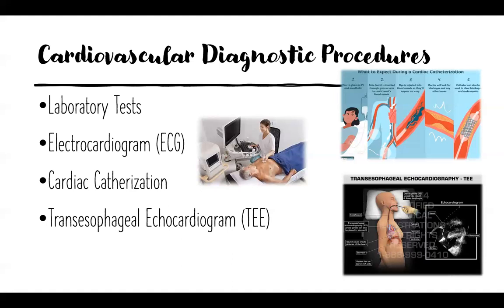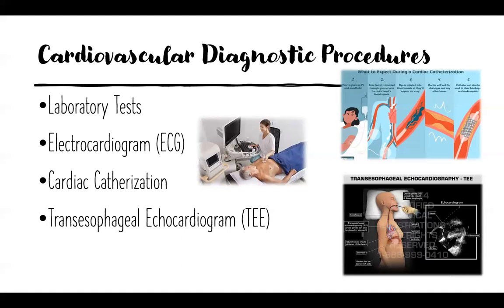Q wave enlargement indicates infarction, and infarction means the death of the tissue, right? So first we'll see ischemia, and then later on we could possibly see infarction. That's why in an MI, myocardial infarction, part of the heart's muscle tissue is going to die, and that dead tissue is sometimes called an infarct, okay?